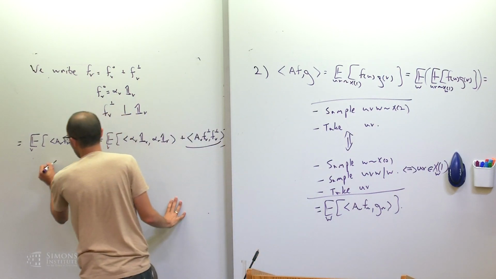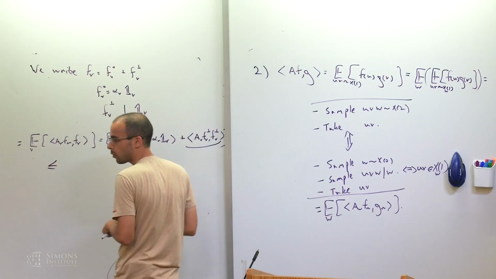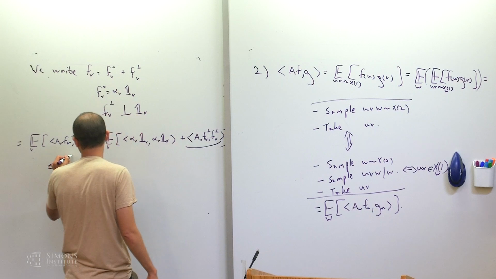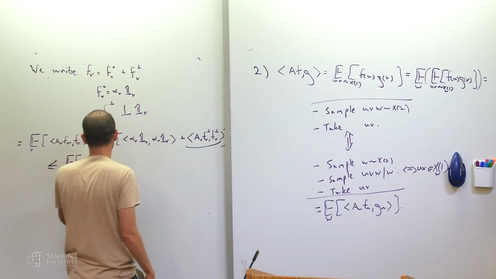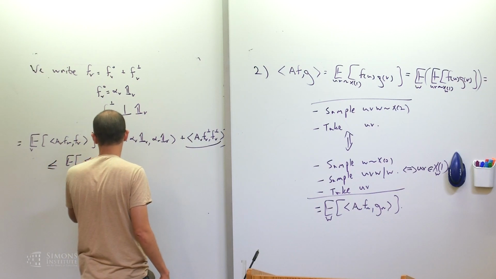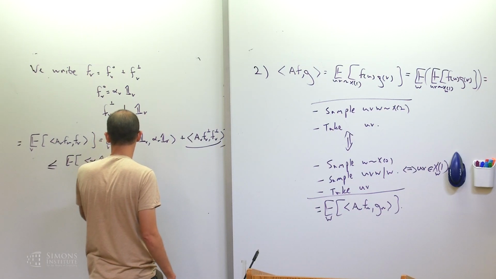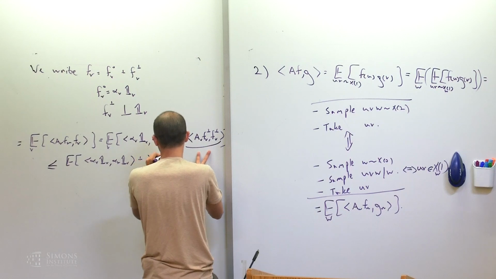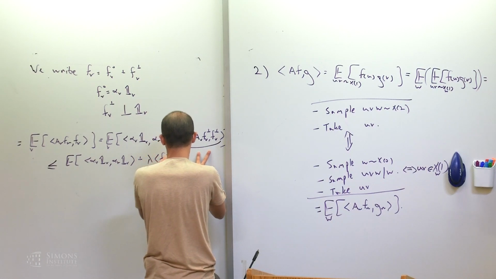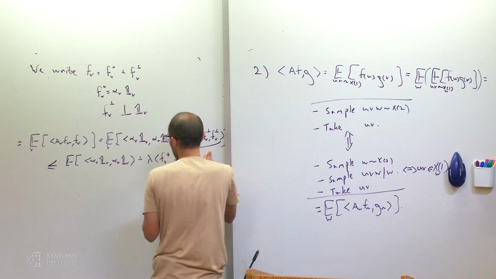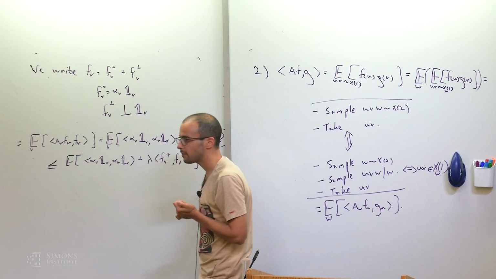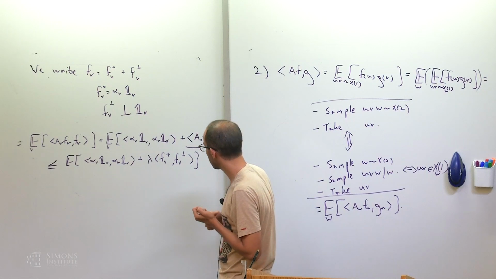So I can say, and this is the only inequality that appears here in the proof, that this is less or equal to the first part as it is, plus lambda times fv_perp inner product fv_perp.